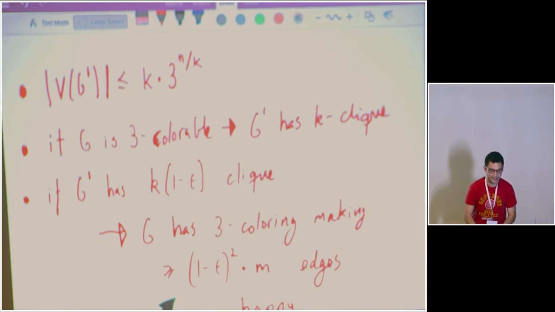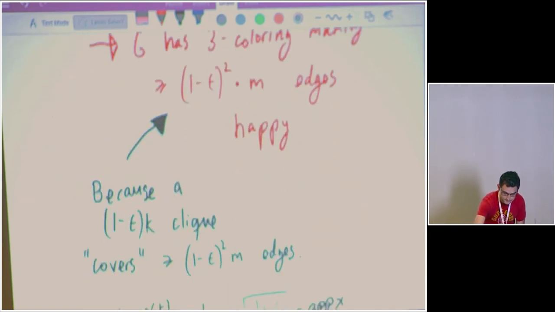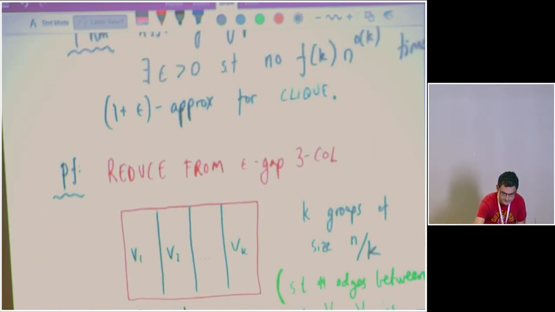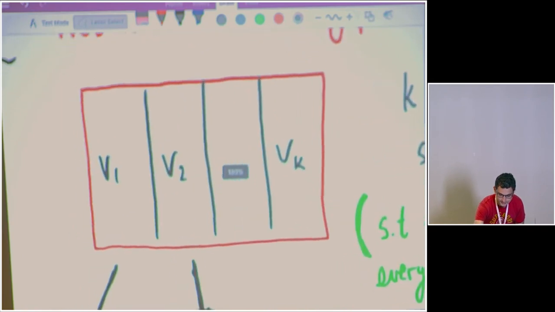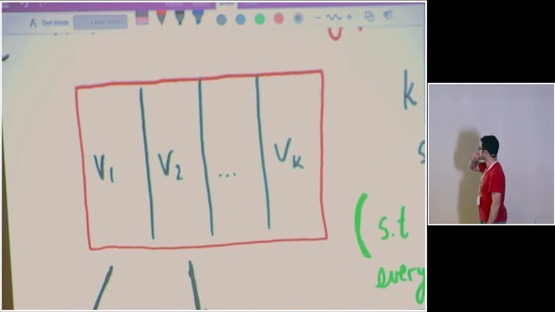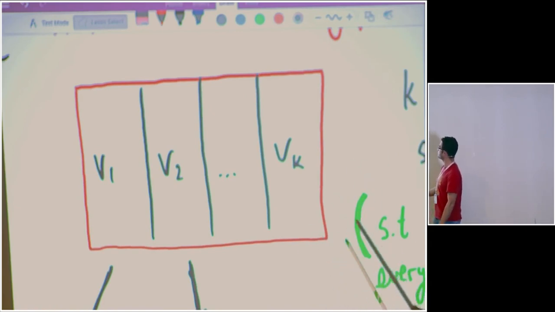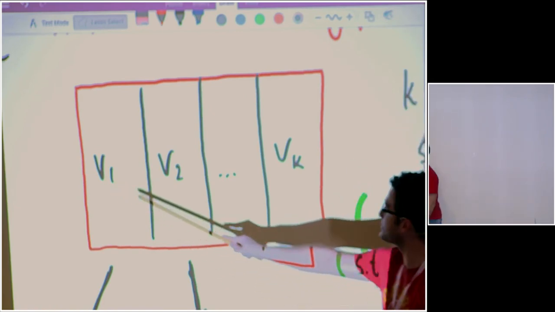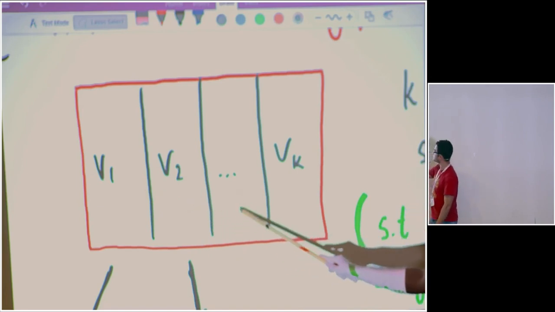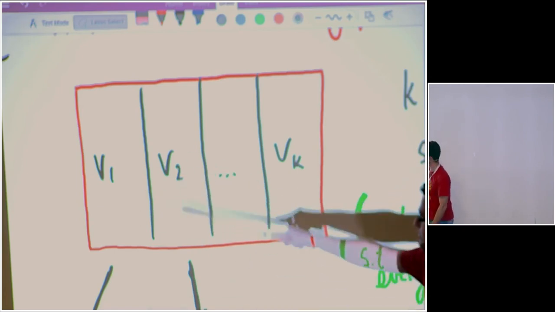So why is that? It's better to, like, a picture says more than words here. So suppose my clique here was V1, so I picked one vertex from each of these classes. I mean, the images of those classes, right?